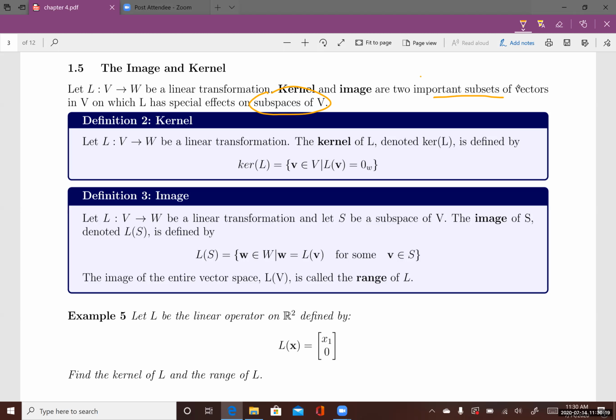Okay. Well, let's talk about the definitions of kernel and image.